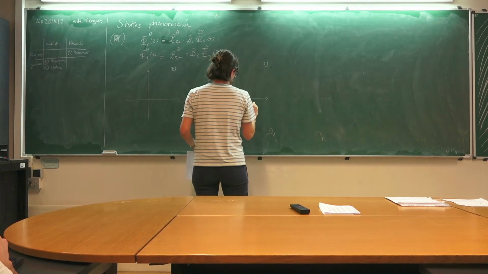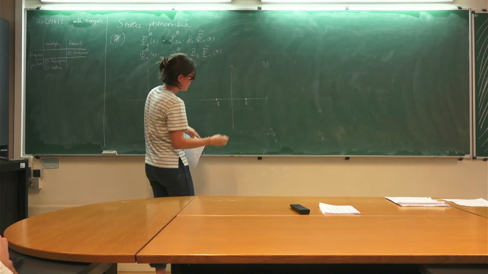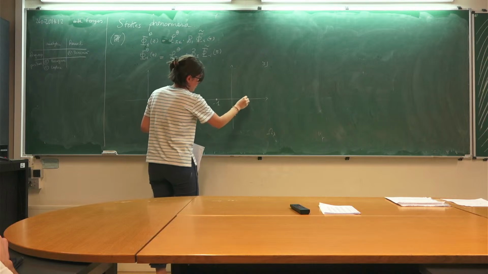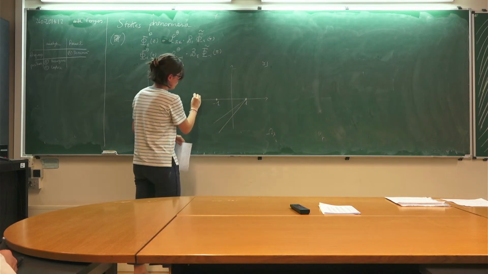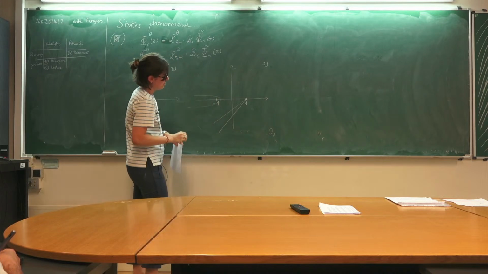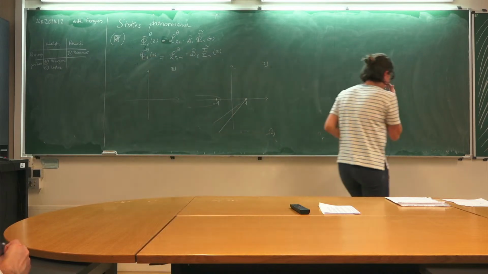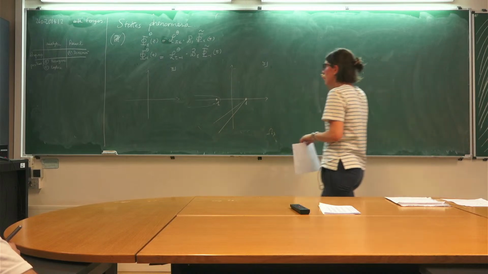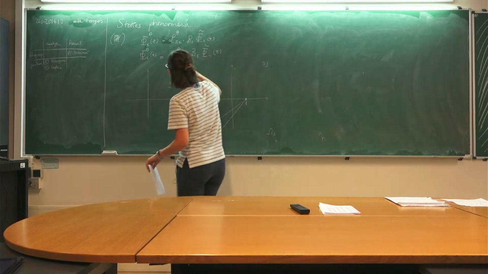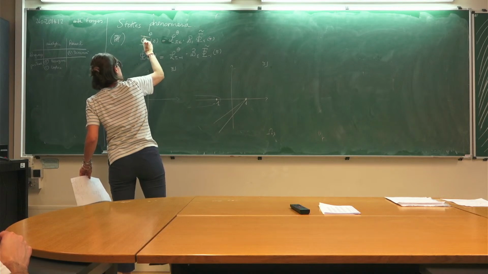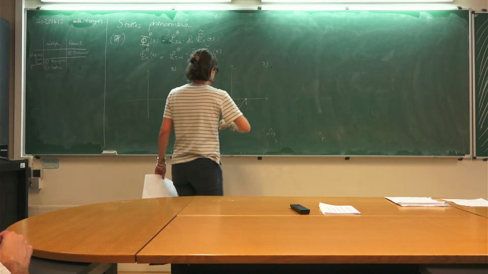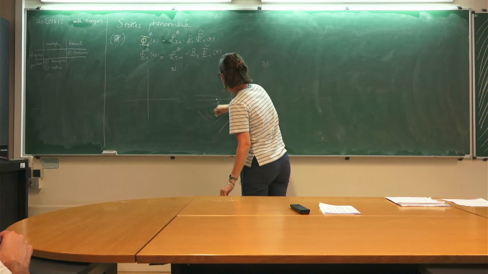Let's do it for 1. I have to remove some region, and then I also have to remove this part. The region I am allowed to take is the following.